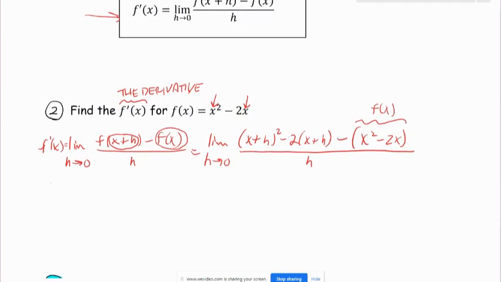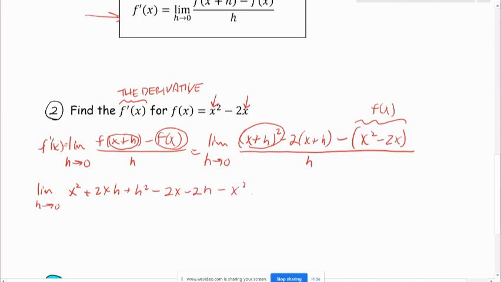And so now when I expand, I get the limit as h approaches 0 of, if I expand this, x squared plus 2xh plus h squared minus 2x minus 2h minus x squared plus 2x. So I've got that big long expression. And so now we're looking for some things that might cancel.